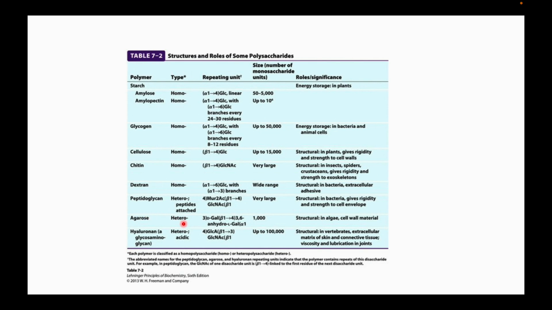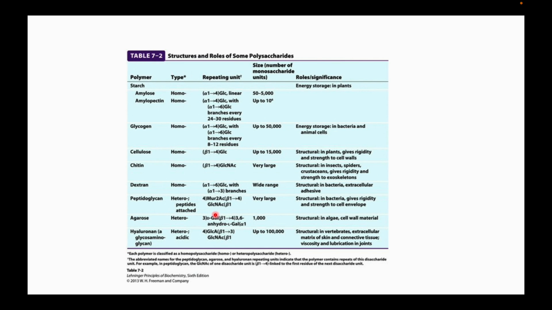Then we have peptidoglycan. Okay, we all know peptidoglycan. It is found in the cell wall of bacteria. So peptidoglycan is a mixture of carbohydrate and peptides. It is a heteropolysaccharide first of all, and it has peptides also attached. So it has N-acetylglucosamine, right?